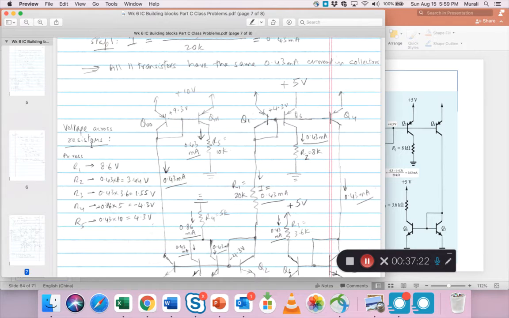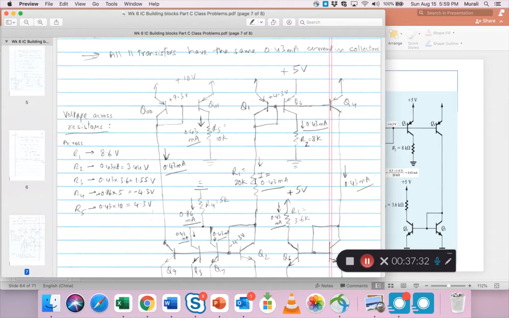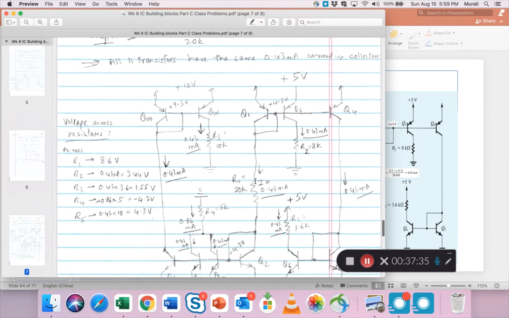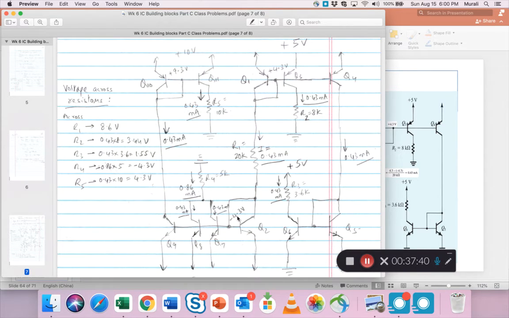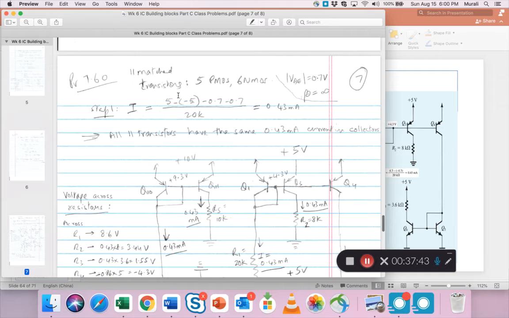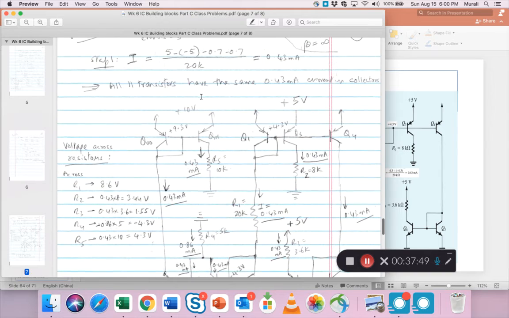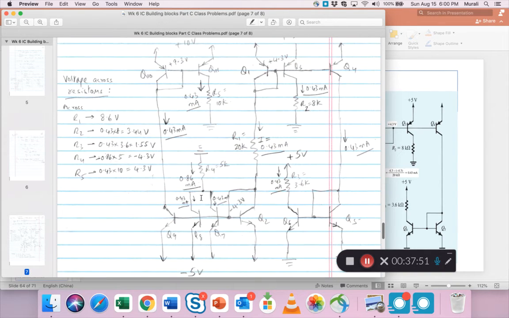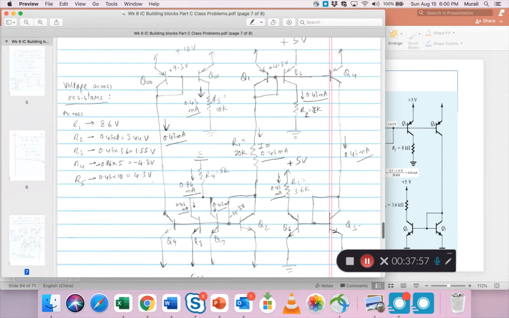Now, the voltage across the resistors. R1, where's R1? This is R1. So that's just 8.6, 0.43 times 20. Or you can just say it's 4.3 minus minus 4.3, right? We used that here to calculate this top portion. So whatever is that voltage, this is 8.6. R2 is here. There's only 0.43 flowing in 8K, so you multiply the two.